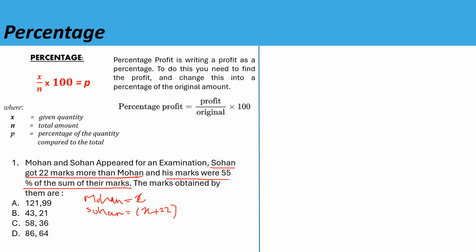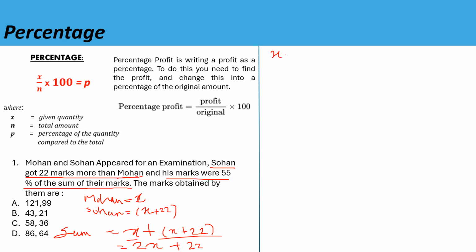So now we have to find the sum of their marks. The sum of their marks is x plus x plus 22, since this is Mohan and this is Sohan. So it will become 2x plus 22. But Sohan got 55% of the sum of their marks.